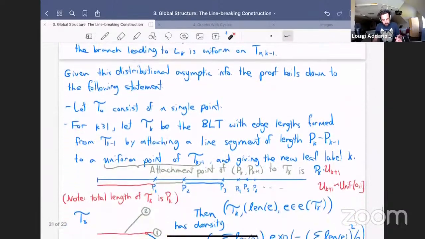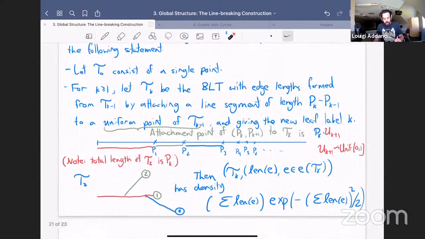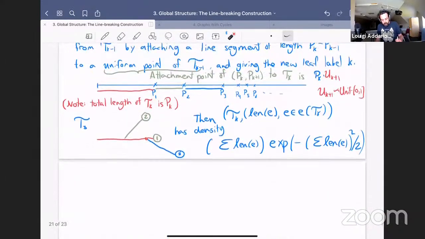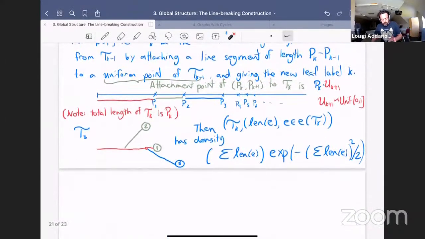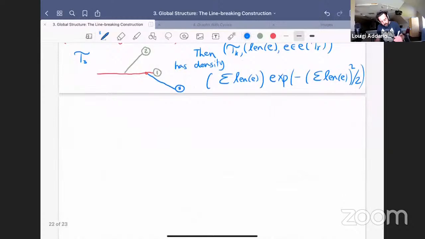Now there's this question of why this should be uniform, and there are some nice distributional identities involved in that. But roughly speaking, if you believe this, that TK is uniform for a given, let's think about it one step at a time.